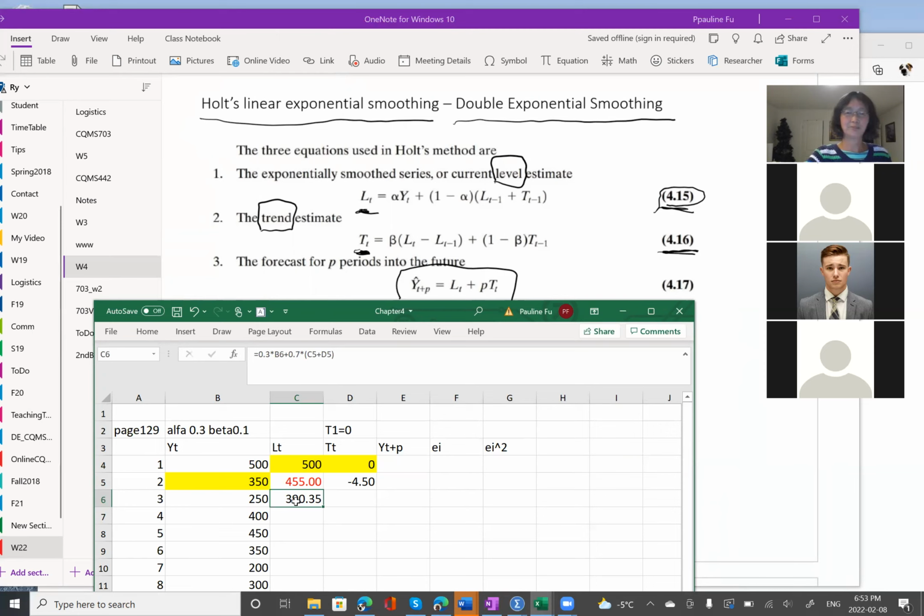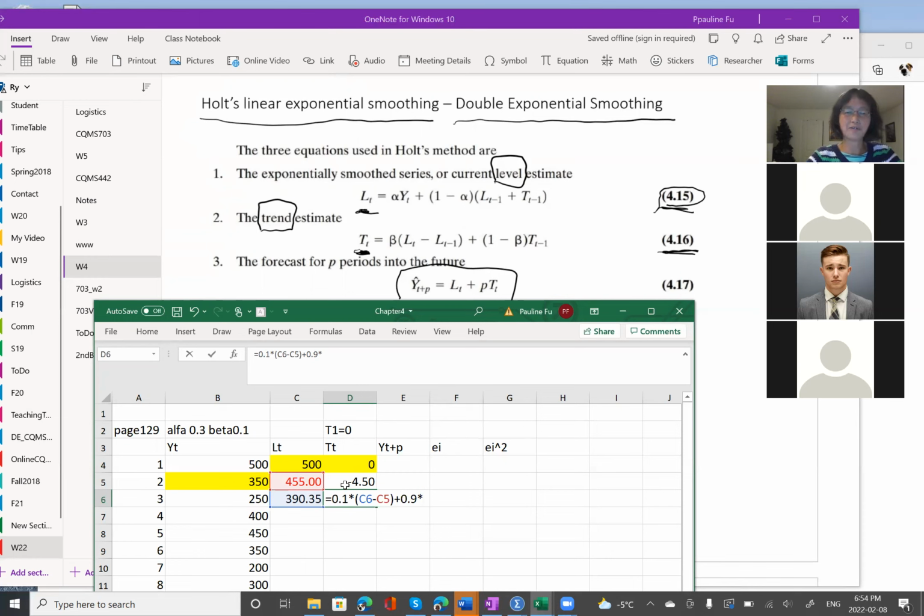Okay. So for more practice, I will do this number, T. How do you calculate T? T equals beta, 0.1, times the 2 numbers on the left, so this number minus this number, and plus 1 minus beta, 0.9, times what?